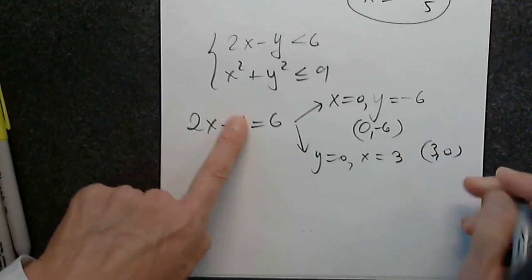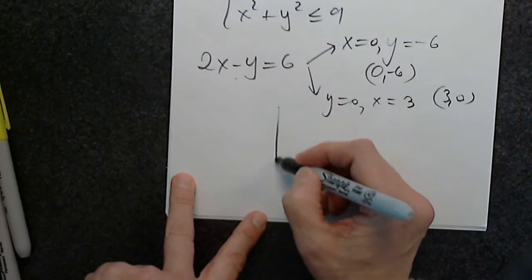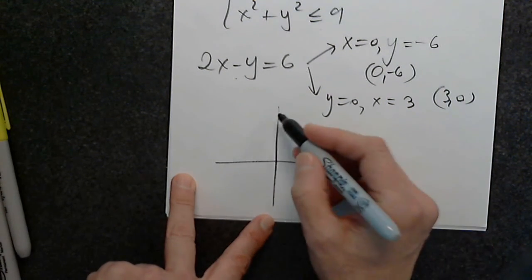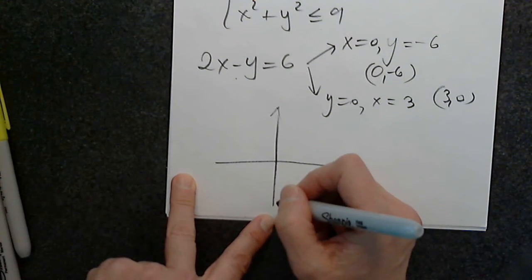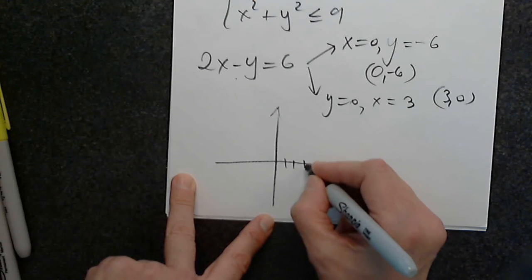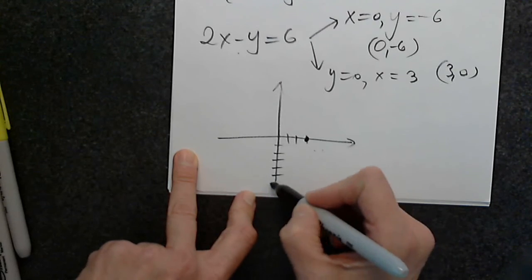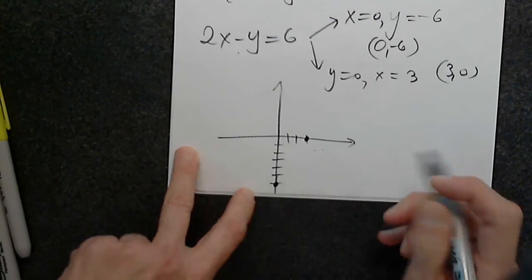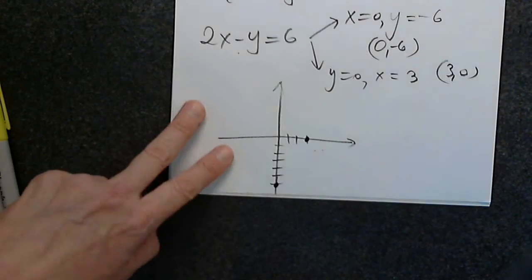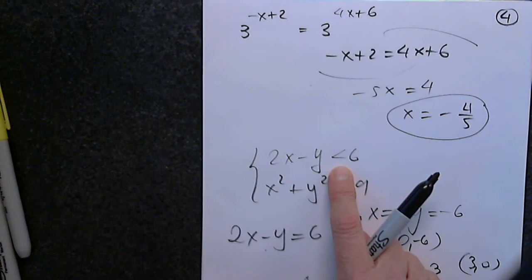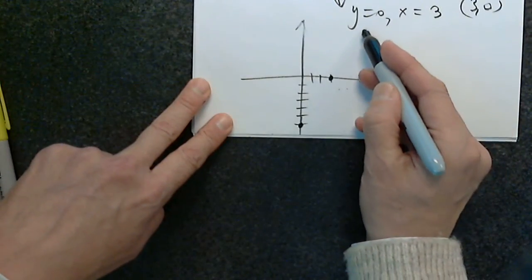So this is 3, 0. So now I'm going to graph 3, 0 and 0, negative 6. I have to stop and ask myself if I am going to graph it as a solid line or not. Not. Very good. Awesome.